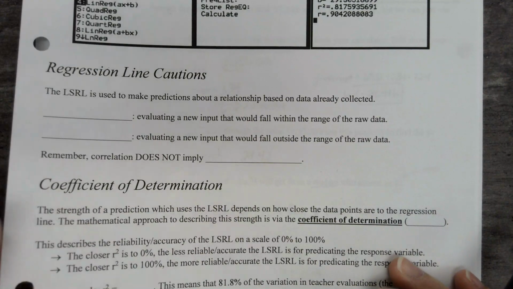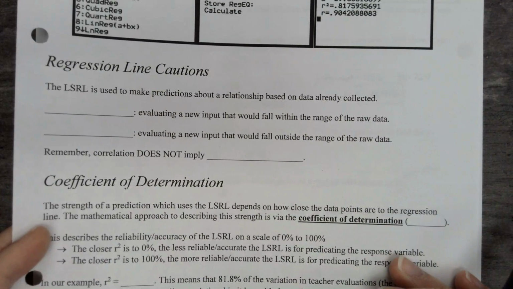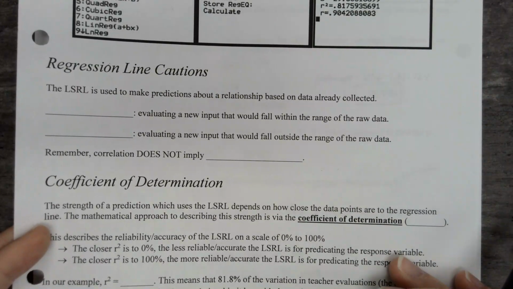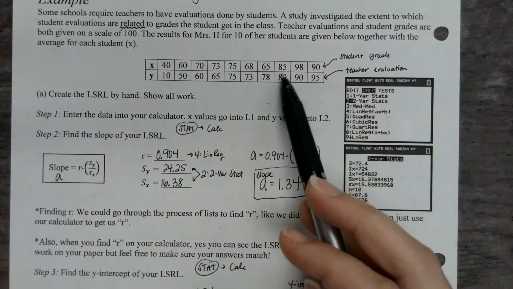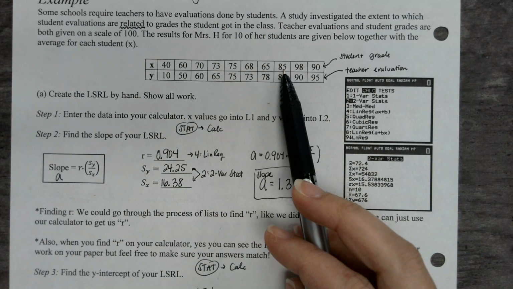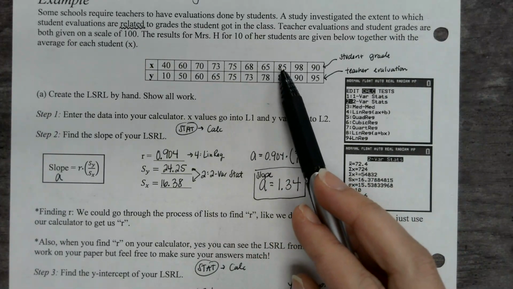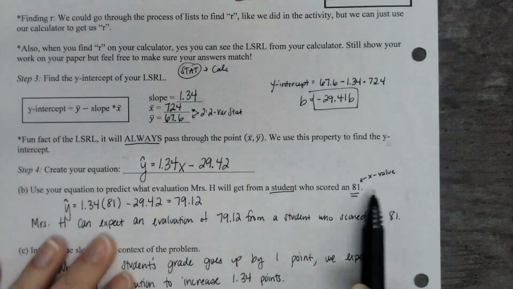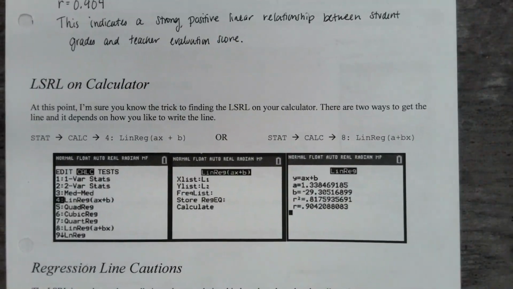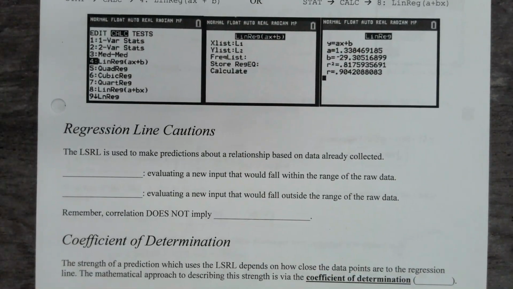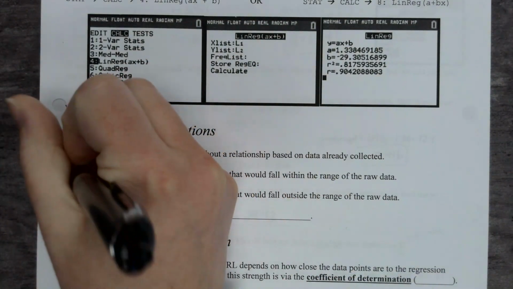If we're looking at trying to evaluate new input that's within the range of the raw data, so, for example, we had our student score of an 81. So 81 was right in here, still within our range of our data, because that score 81 is right in there. We call that interpolating because it's inside. So we're interpolating data.